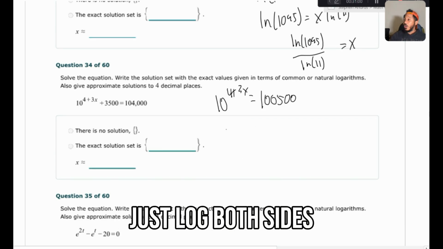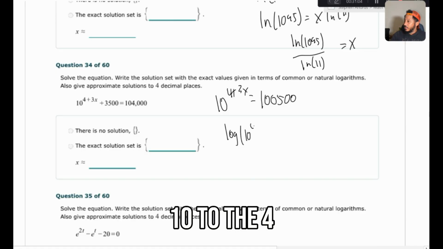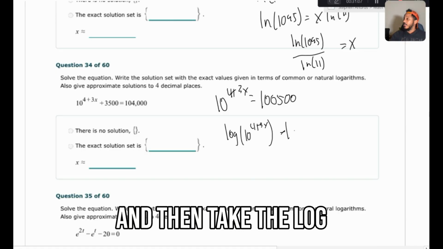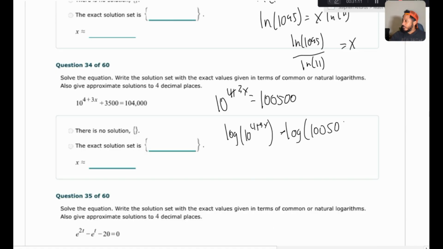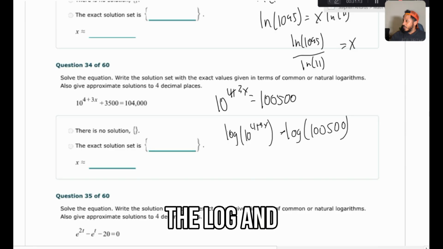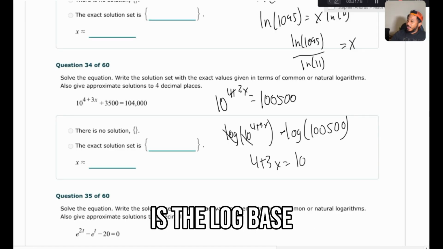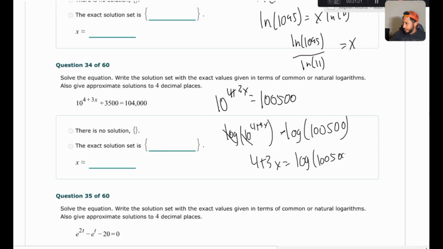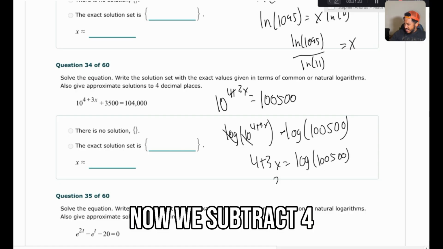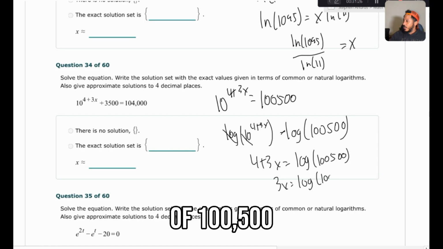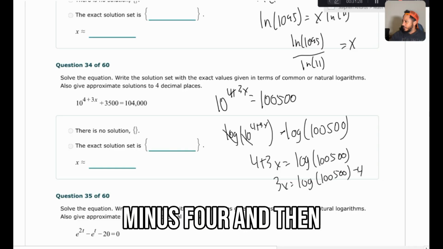So in other words, just log both sides. So if I log 10 to the 4 plus 3x, and then take the log of 100,500, well, the log and base 10 cancel, so we get 4 plus 3x equals just log base 10 of 100,500. Now we subtract 4, so 3x equals log of 100,500 minus 4, and then divide by 3.